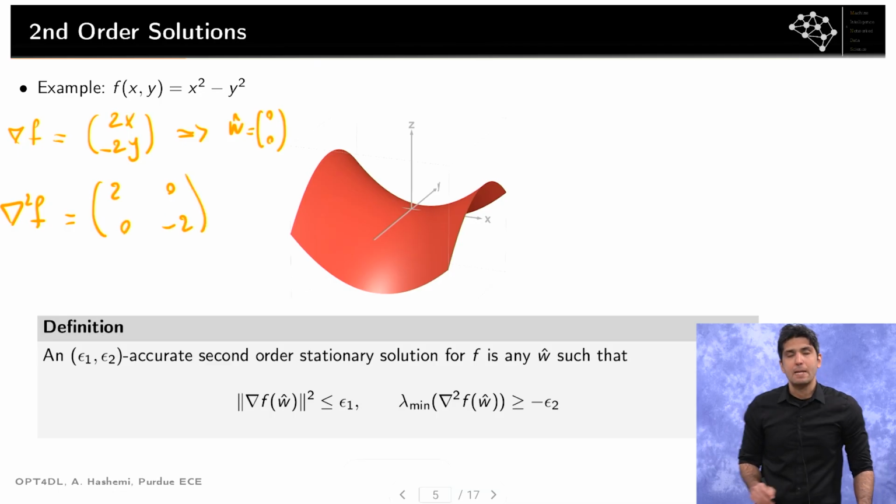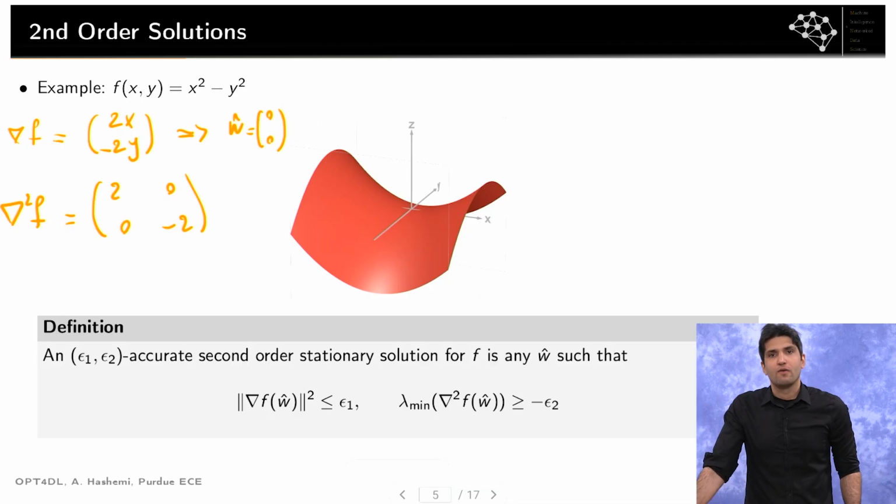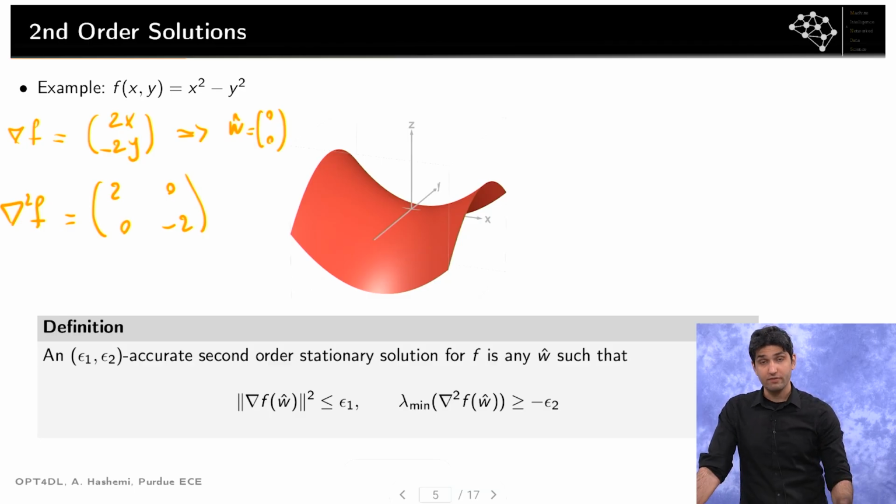Okay. Now, previously we said that if I want to see if a point is a local maximum or a local minimum, I look at the second order derivative. If that's positive, then that's a local minimum. If that's negative, that's a local maximum.